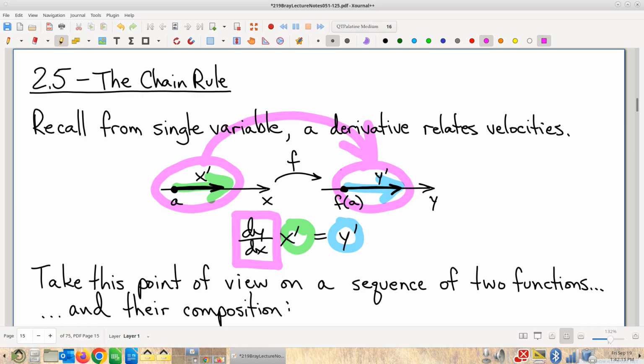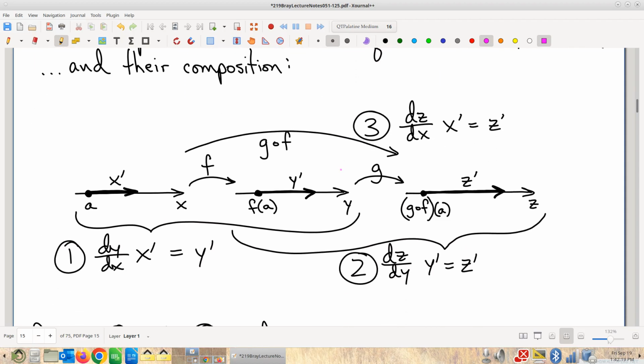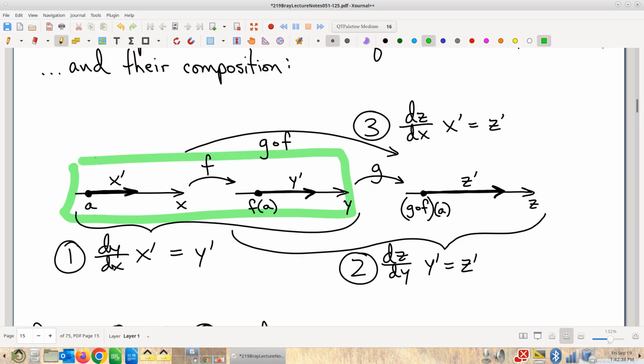All right? Okay, now with that in mind, here's a composition of functions. By the way, there's various equations that I have written down here. You can largely ignore those equations. I'm going to be focusing on a more intuitively satisfying take as opposed to the algebraic details. So, okay, here is a single variable function. X is the input, Y is the output.